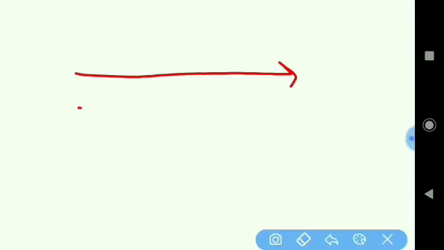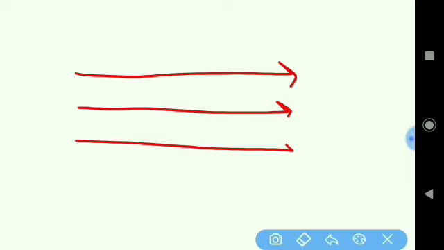One more thing, if there is an electric field which is shown by parallel lines, then this type of electric field is considered uniform electric field.